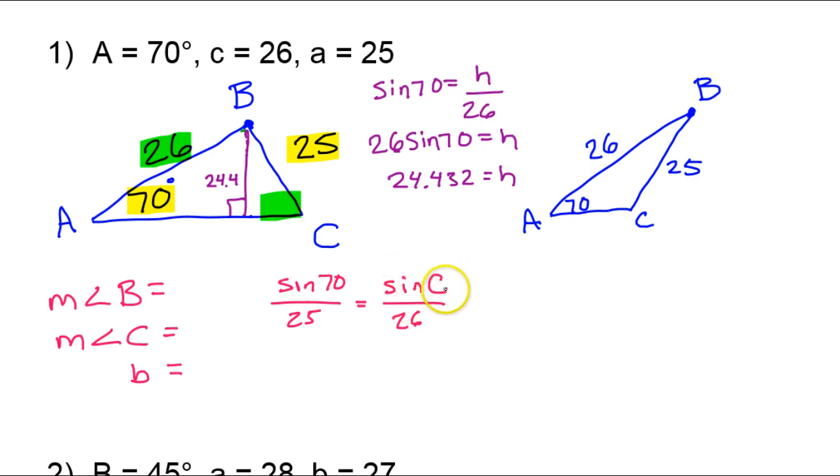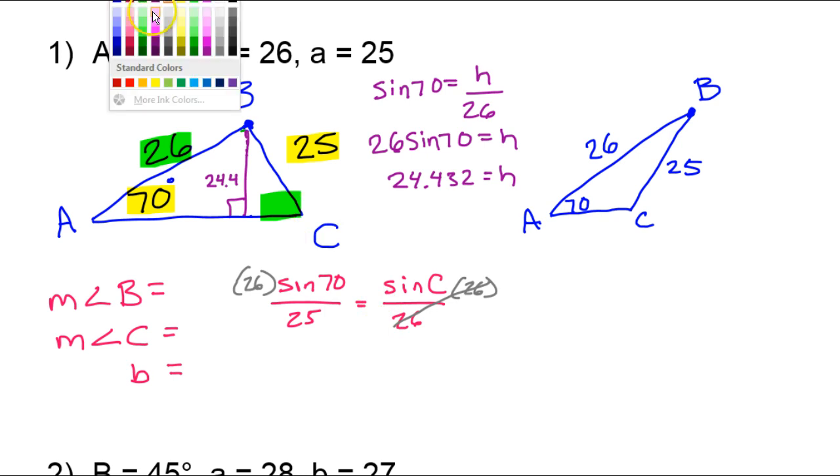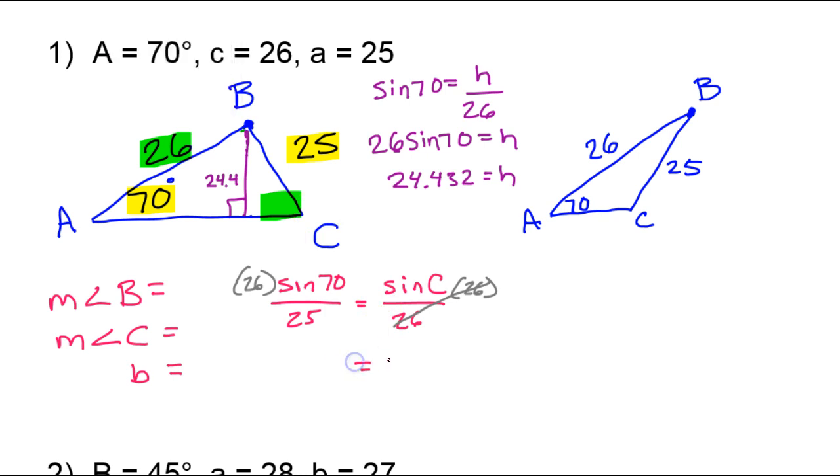So if I multiply both sides by 26, that's going to get it done. Multiply by 26, so that way these 26's are going to cancel each other out, and we will have sine C by itself. Okay, so the sine of C is going to equal 26 sine 70 over 25.